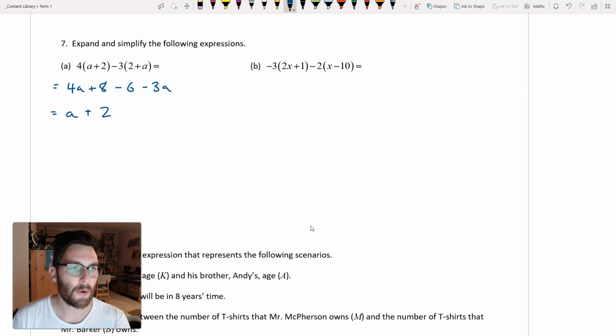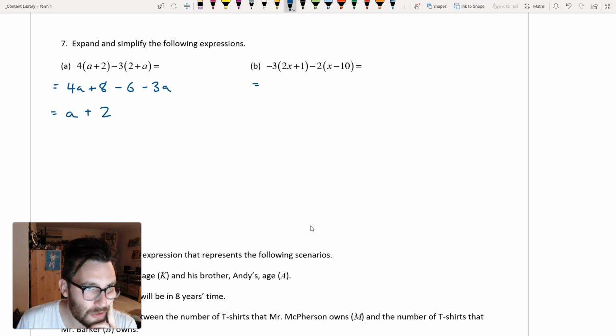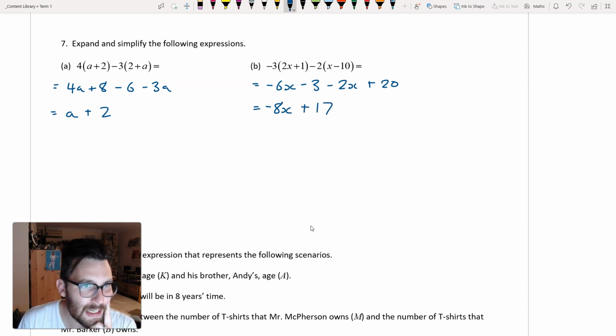Done. Next one, -3 times 2x is -6x, -3 times 1 is -3, -2 times x is -2x, -2 times -10 is +20. Okay, -6x take -2x is -8x, and then -3 plus 20 is +17.